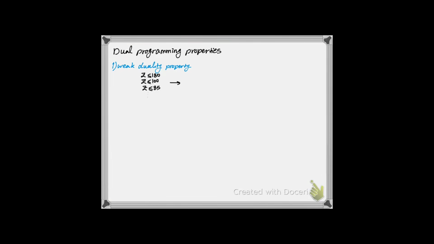Let's look at the dual programming properties. The very first property that we're going to review is the weak duality property. If you notice, we had z less than or equal to 180, z less than or equal to 100, z less than or equal to 85, and we kept creating upper bounds for the primal problem objective function. So the weak duality property is very related to that example that we saw.